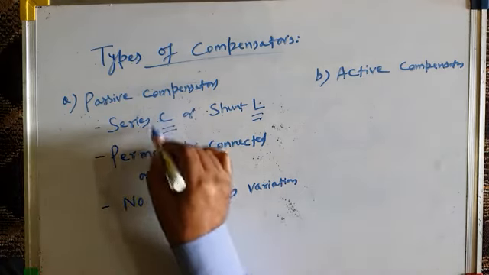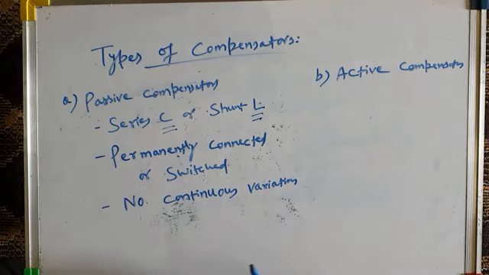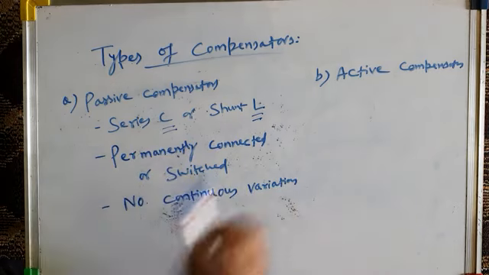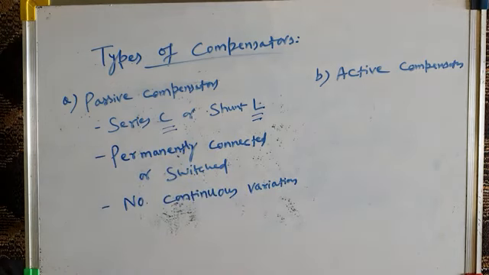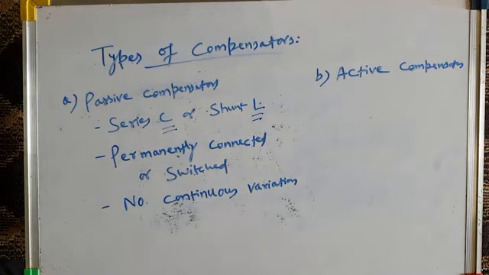These passive compensators are very large in size. They are bulky, and their cost is high. They occupy a lot of space, and they have other technical problems like resonance. So that's why passive compensators are generally not used nowadays for compensation of transmission lines.